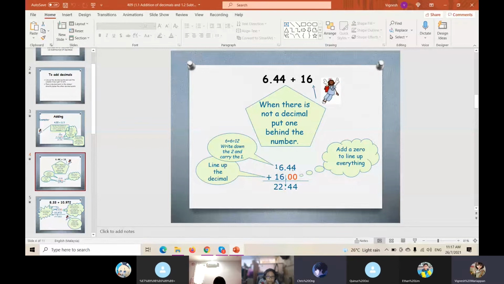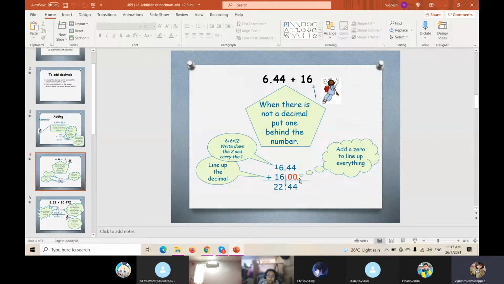Respond, Grade 4 students. Yes. 6.44. And then I have added the 16, with the point behind the number. That means you need to add the decimal point behind the number here. Once you line up the decimal here, after the decimal, please add 0. It will be easier for you to line up everything.